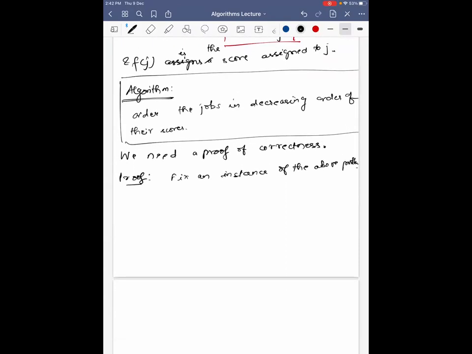Now, suppose sigma is the schedule output by our greedy algorithm, and let us say sigma star is the optimum schedule.